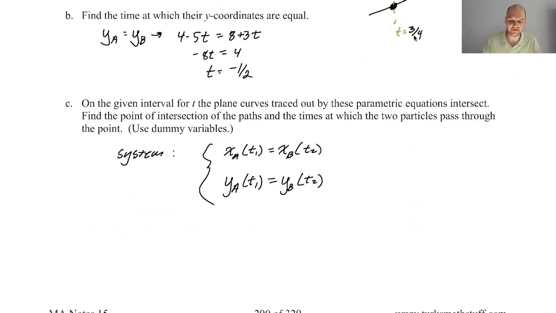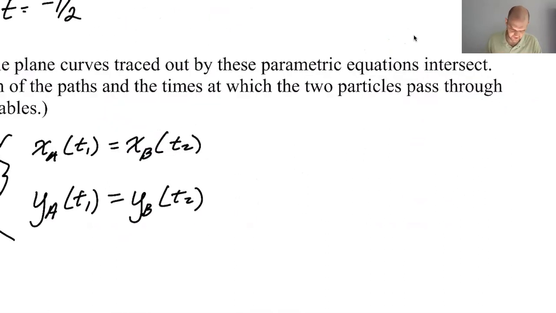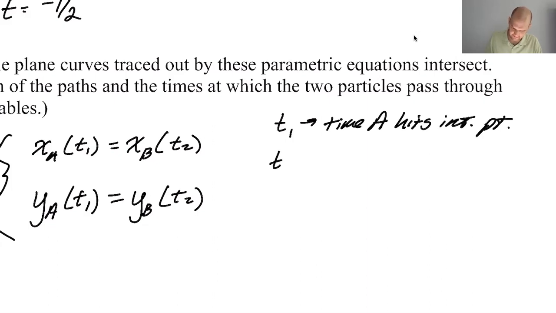Then when we know t1 and t2, we'll plug those in. I should always be more explicit than I am. t1 is the time A is at its intersection point, and then t2 is the time B is at the intersection point.